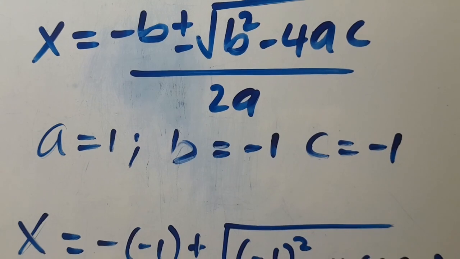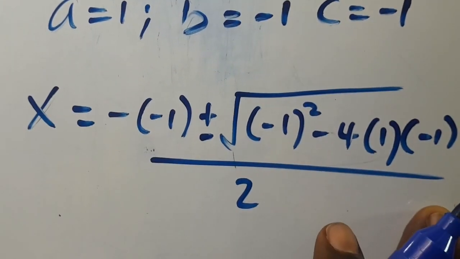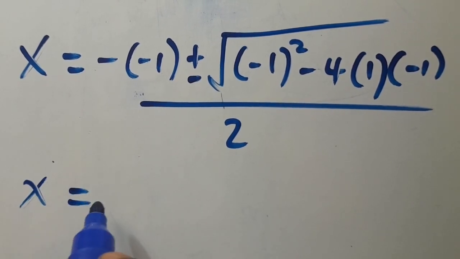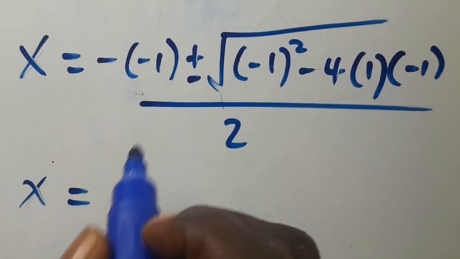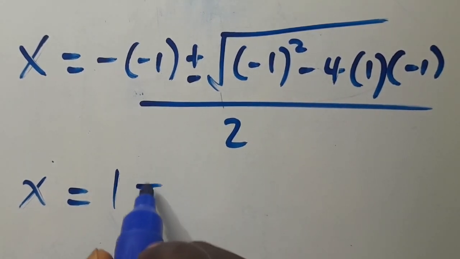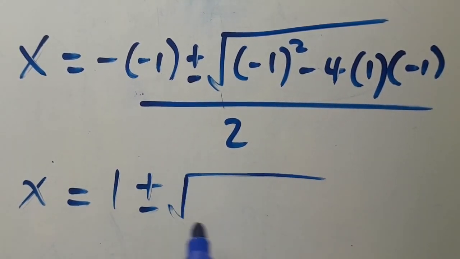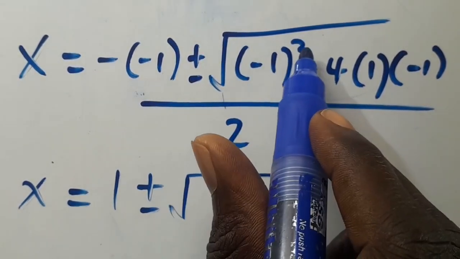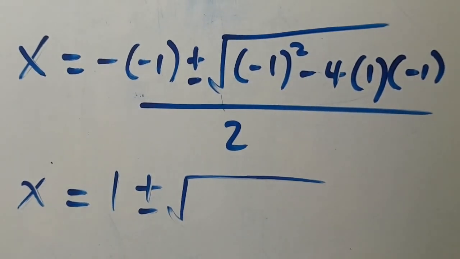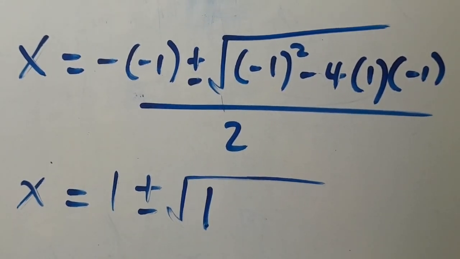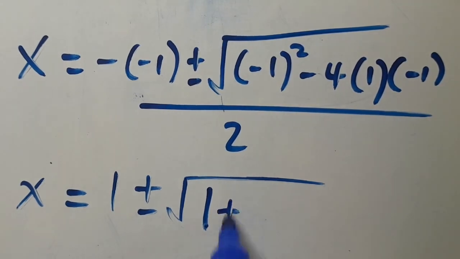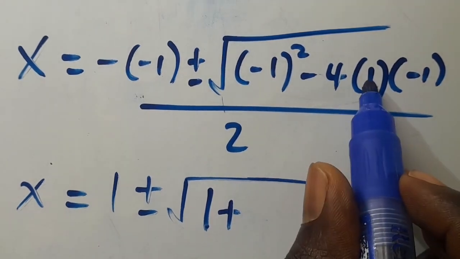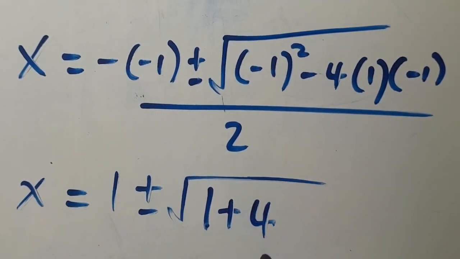Our a is 1. Now from here, we're going to have x equals, here will be minus times minus will be plus 1, then positive or negative, root of minus 1 in bracket to the power of 2 is even, it will change to positive. Then we have here to be 1. Minus times minus will be plus, 4 times 1 is 4, multiplied by 1 will be 4.